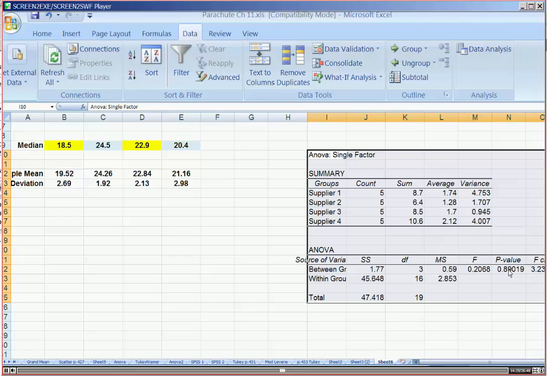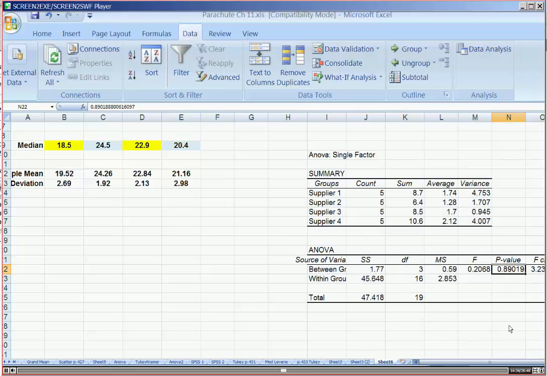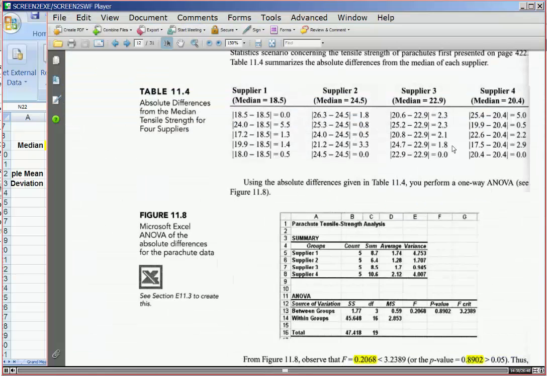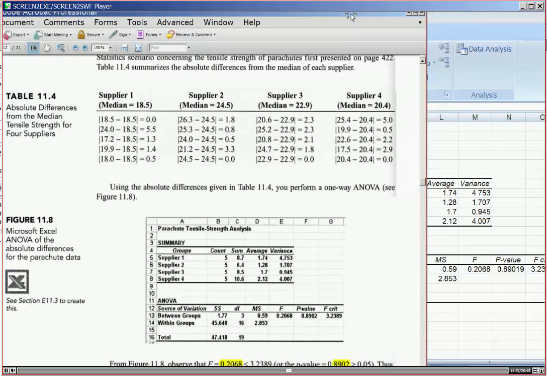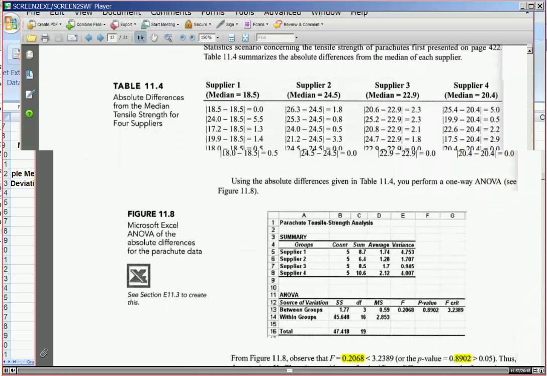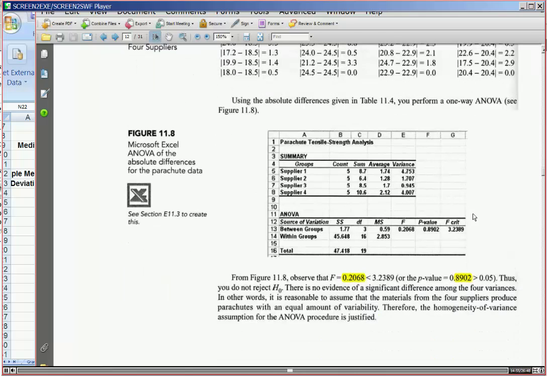Okay, so just by looking at the p-value, we do not reject the null. Let's compare it with the text. We have just reproduced this table, and now we have 0.89 p-value, correct? That's correct. 3.2 critical value for the F statistic, and 0.2 for F.